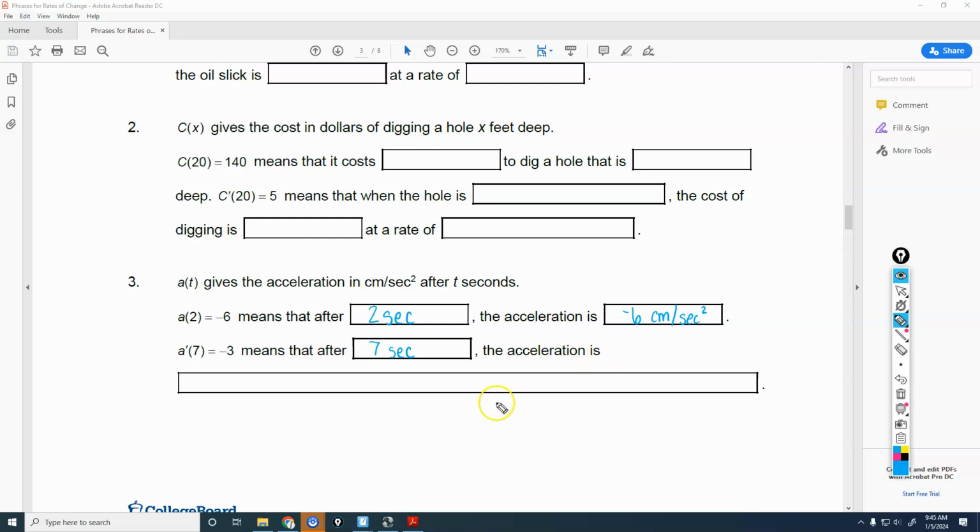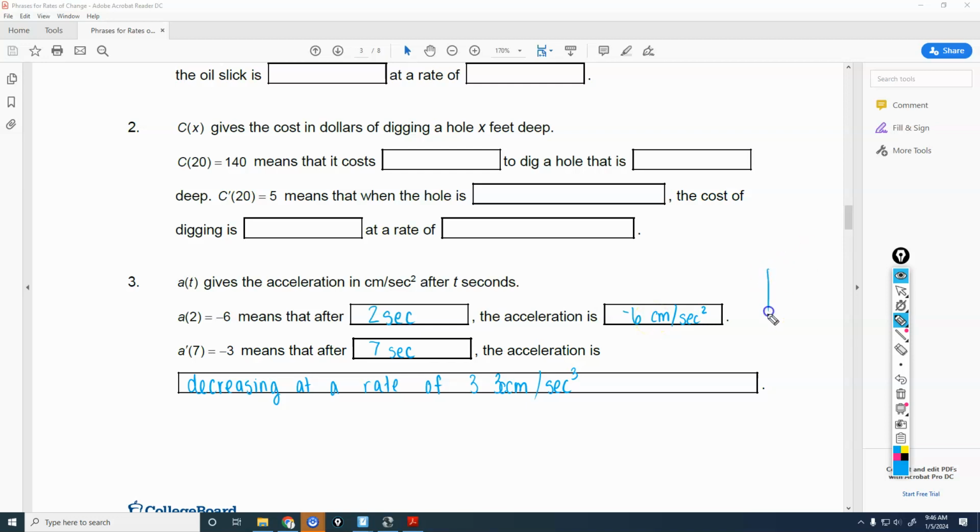The acceleration is, what is happening to the acceleration? Decreasing at a rate of, what should I put here? 3 centimeters per second cubed. Because your units are going to be your units for acceleration, because this is the derivative.